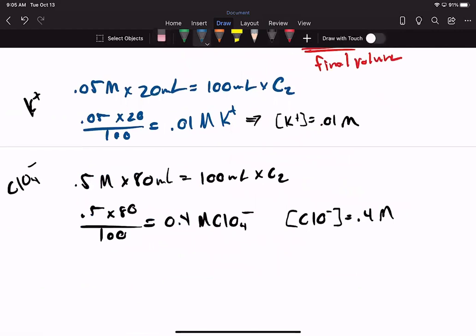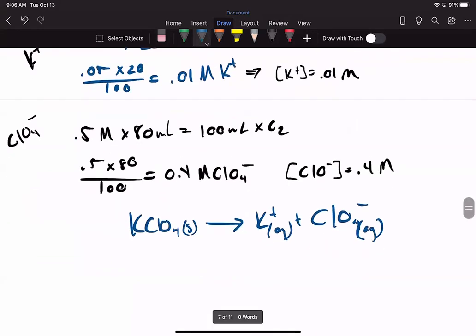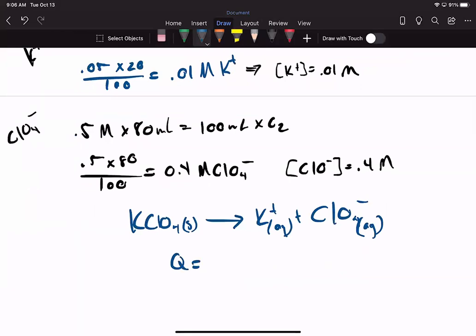KClO4 solid goes to K plus and ClO4 minus, which means our Q is simply 0.01 times 0.4, which equals 4 times 10 to the minus 3.